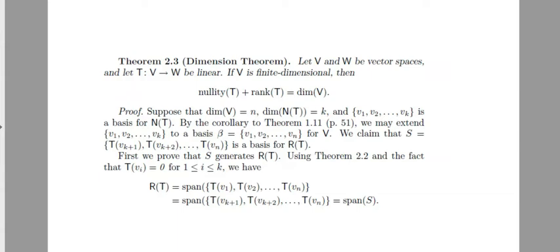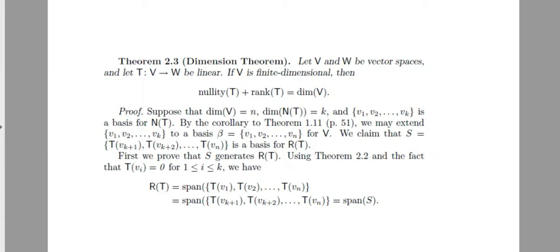Now we claim that S = {T(vk+1), T(vk+2), ..., T(vn)}, those vectors which we have added under the extension part mapped under T, is the basis for range space of T. So basically we are claiming that this S will generate range space of T. v1 to vk are basis for N(T), so T(vi) for i equal to 1 to k will be mapped to 0.